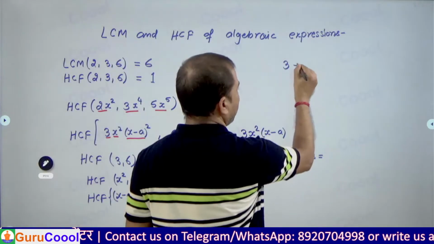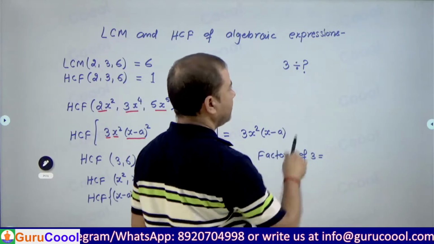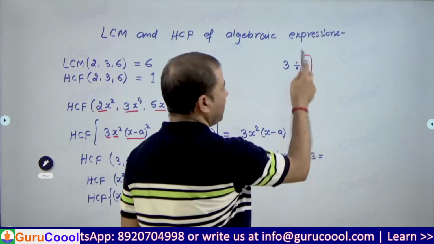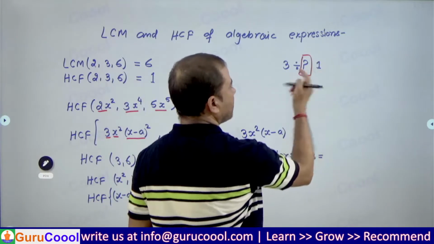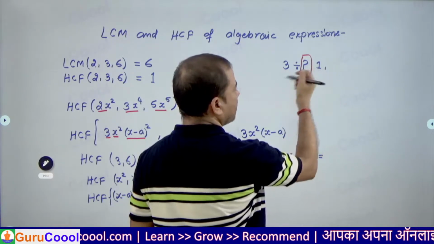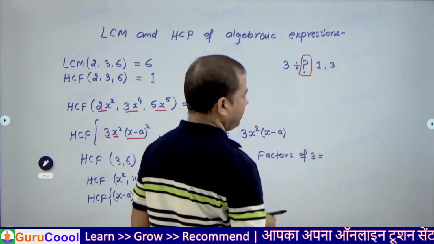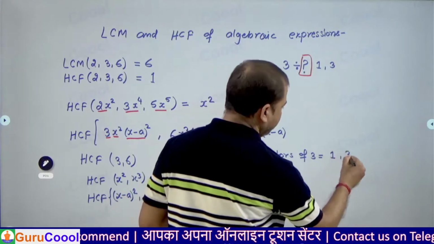So we can have 1, because 3 is divided by 1 perfectly. 3 is also divided by 3 perfectly. So factors of 3 are 1 and 3.